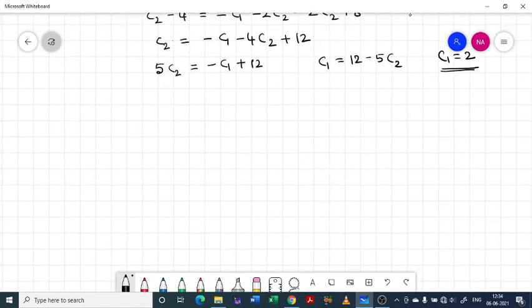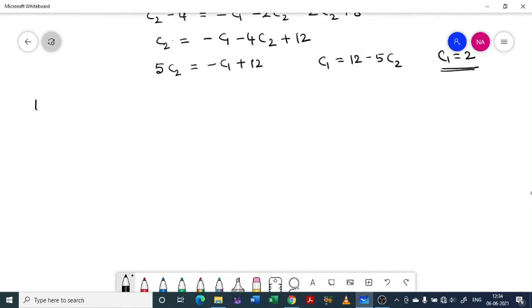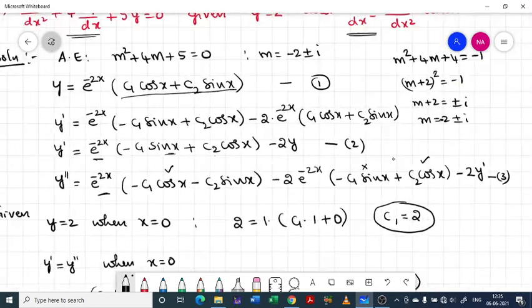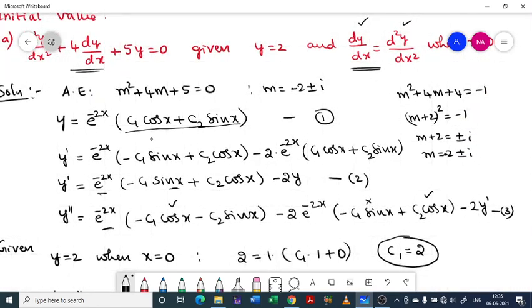So the general solution is, hence the required solution is, y equal to c1, that is 2, into e power minus 2x into 2 cos 2x plus 2 sin 2x.